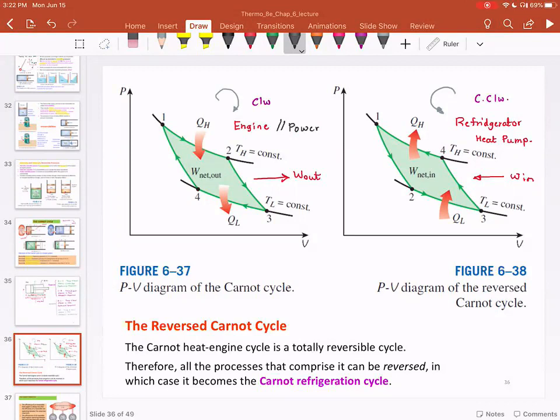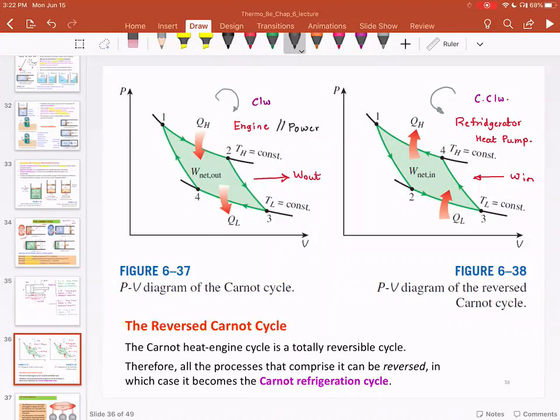Now, the Carnot cycle is a completely reversible cycle. What it means is that when the Carnot cycle is performed, it does not leave any trace on the surroundings. It comprises completely reversible processes.